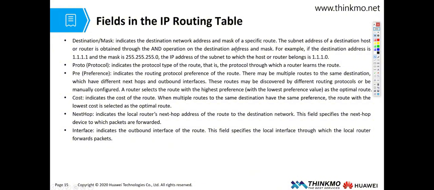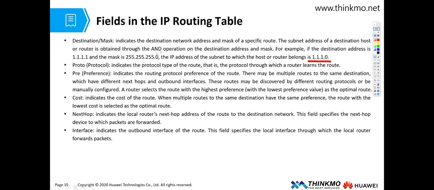For example, if the destination is 1.1.1.1 with a subnet mask of 255.255.255.0, then the network segment where this device is located is 1.1.1.0. In the future, I will look in my routing table to see if this network segment exists and forward it according to the interface of this network segment.